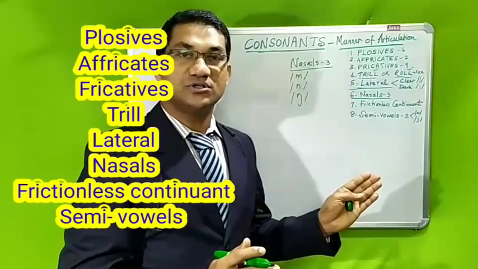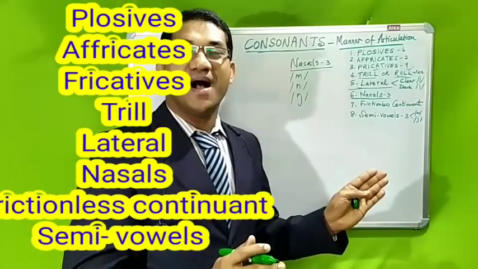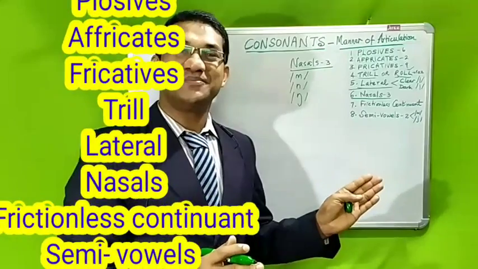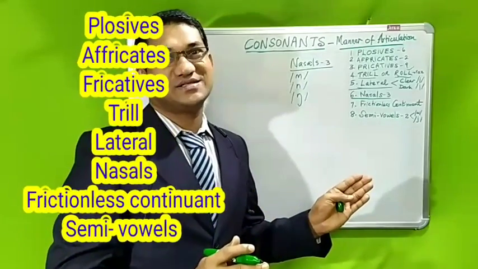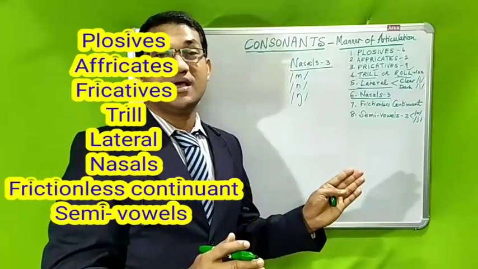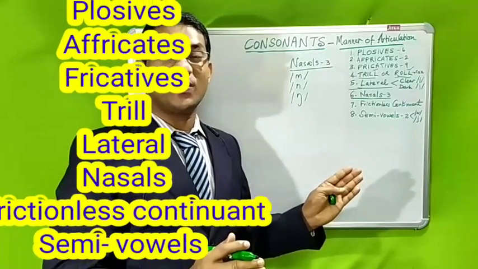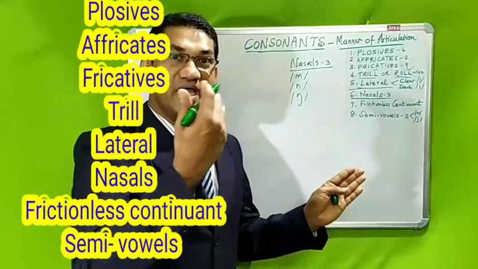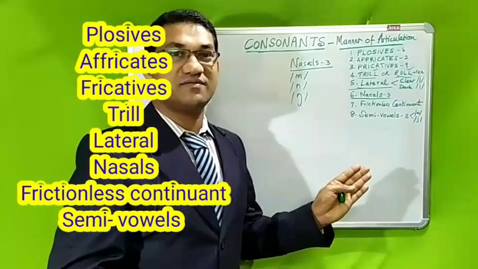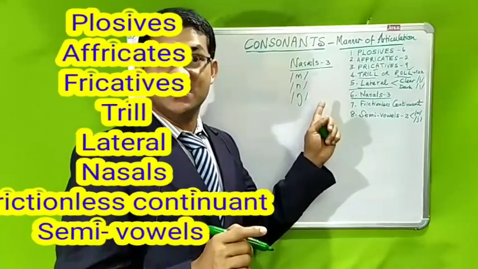There is a closure between the lips, and the air is let to go through the nasal cavity because the soft palate or velum, the back of the roof of the mouth, is lowered and air escapes through the nasal cavity. That is a nasal sound.